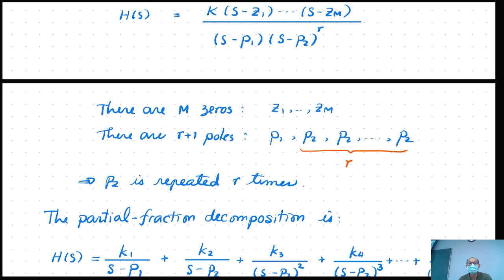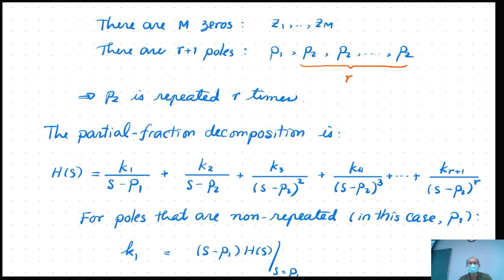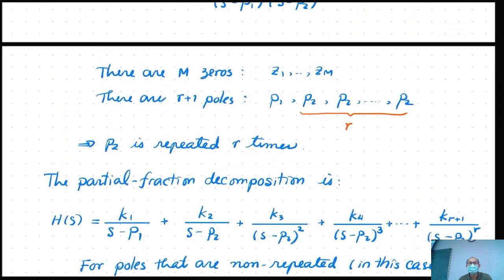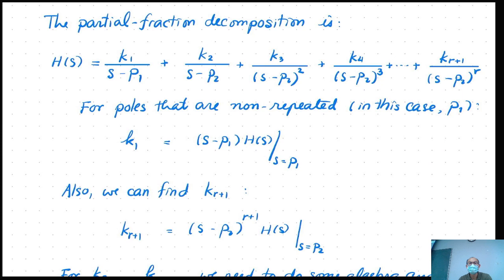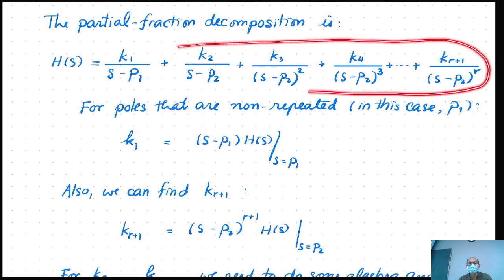The P2s are repeated r times. And when there are repeated poles, the terms associated with the repeated poles have to be broken down into r terms like this.